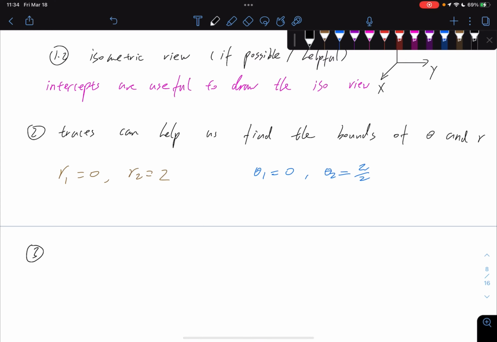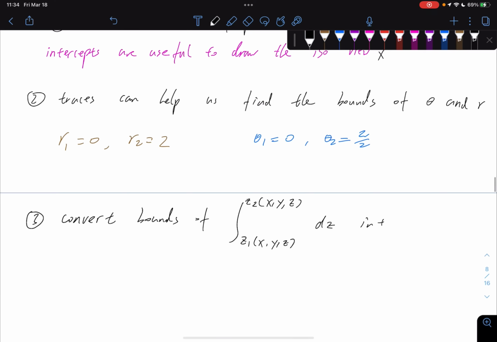So the third step is to convert the bounds of the z2 x y z, z1 x y z into polar, right?